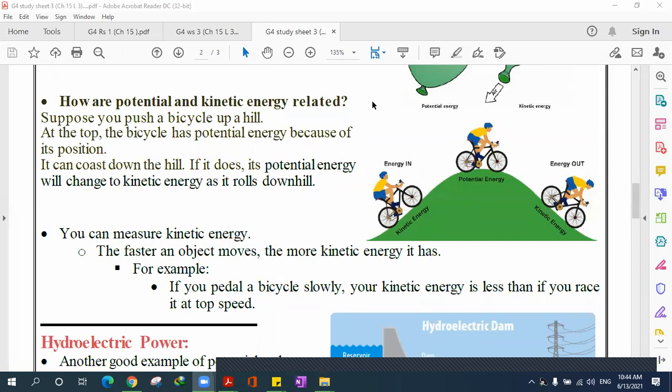But will he stay up the hill the whole time? He must get down, right? He must change this potential energy into kinetic energy. So that's why they are related. He can't move up the hill without potential energy and kinetic energy together. That's why they are related.